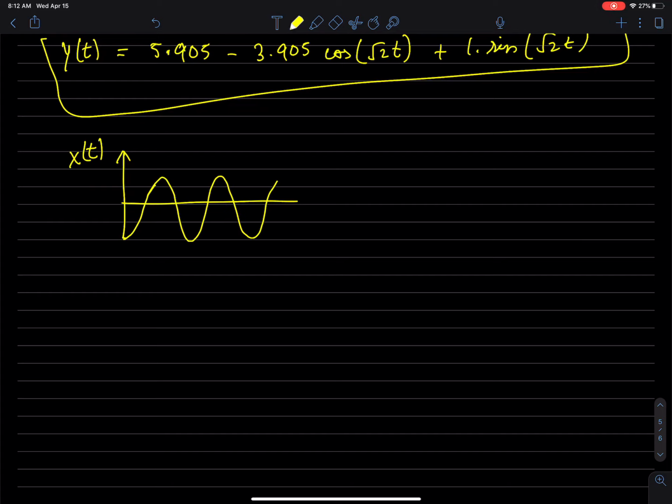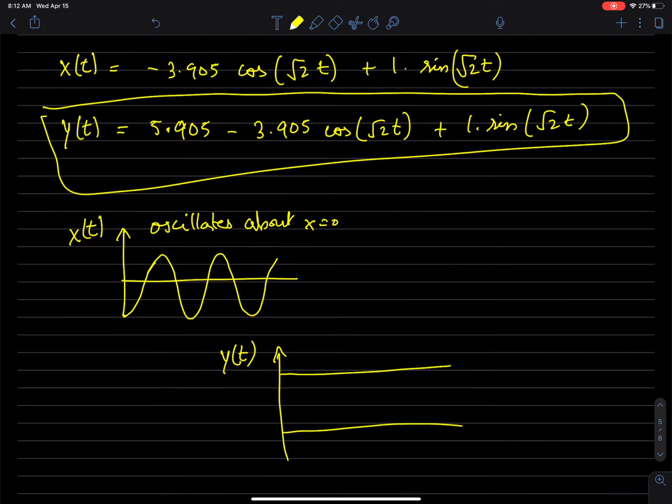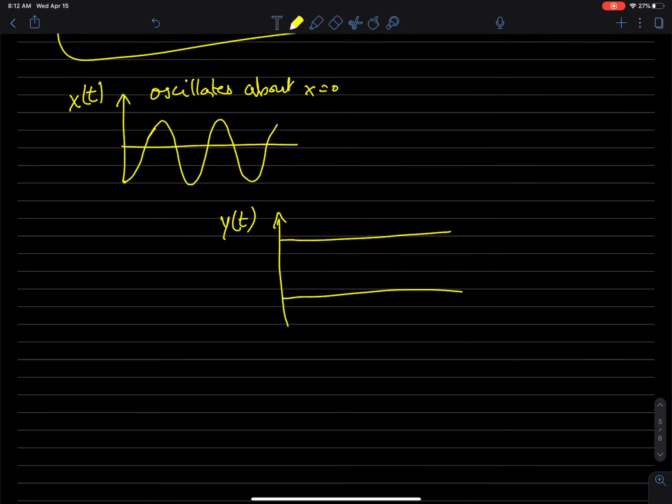Anyway, so x of t oscillates about x equals 0, and then y of t will oscillate. So let's say this is y equals 0, and this is 5.905, which is the static equilibrium position.